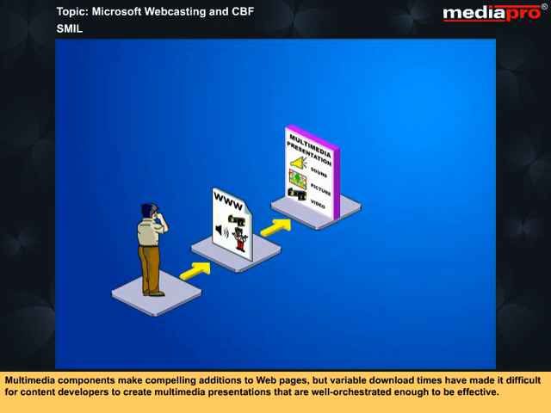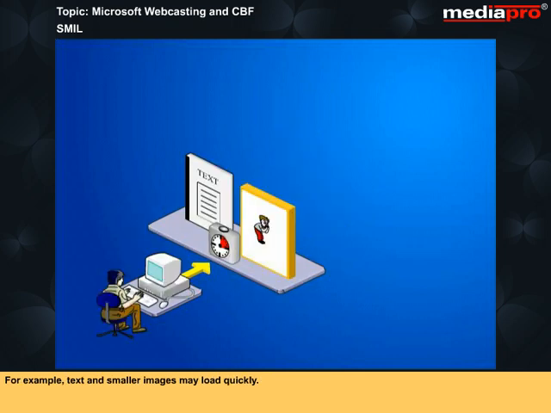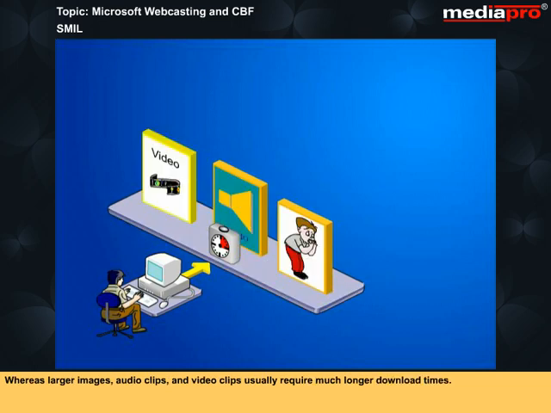Multimedia components make compelling additions to web pages, but variable download times have made it difficult for content developers to create multimedia presentations that are well orchestrated enough to be effective. For example, text and smaller images may load quickly, whereas larger images, audio clips and video clips usually require much longer download times.